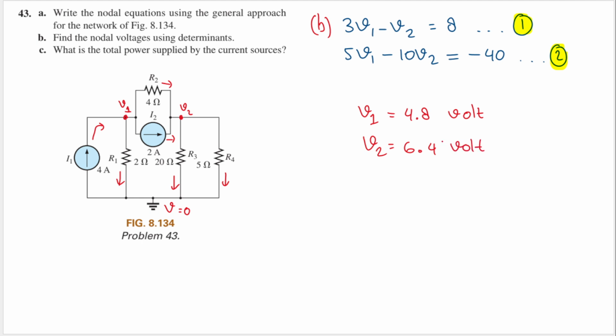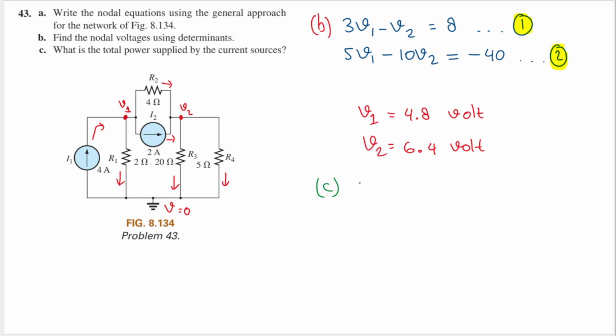Now let's see the total power supplied by the current sources. We need V1, because V1 is the voltage across I1.